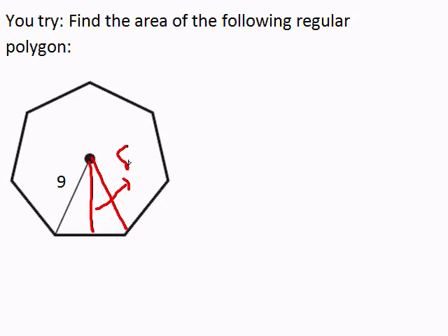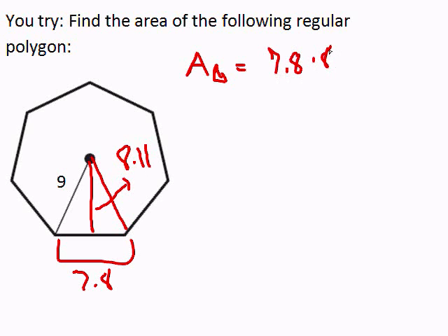So this 8.11 and this 7.8, we can use that now to find the area of our triangle. So the area of our triangle is going to be 7.8 times 8.11 divided by 2. And that's the area, again, of just that one triangle right here.